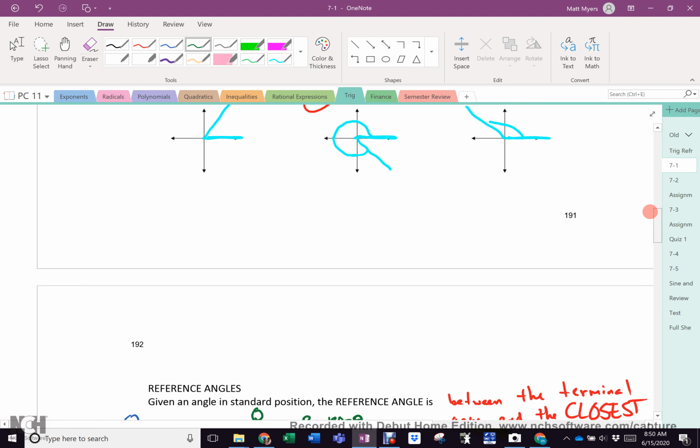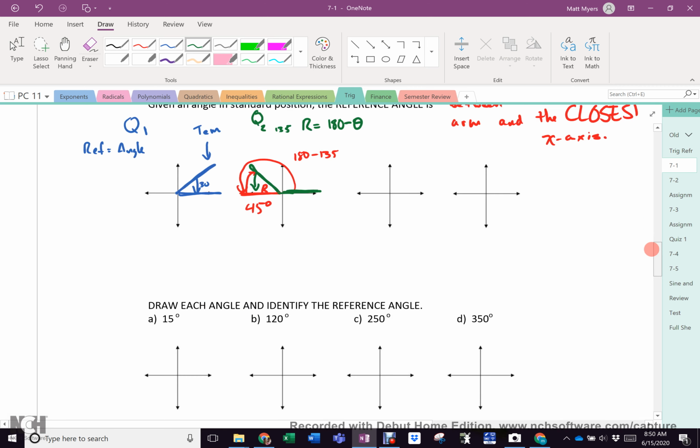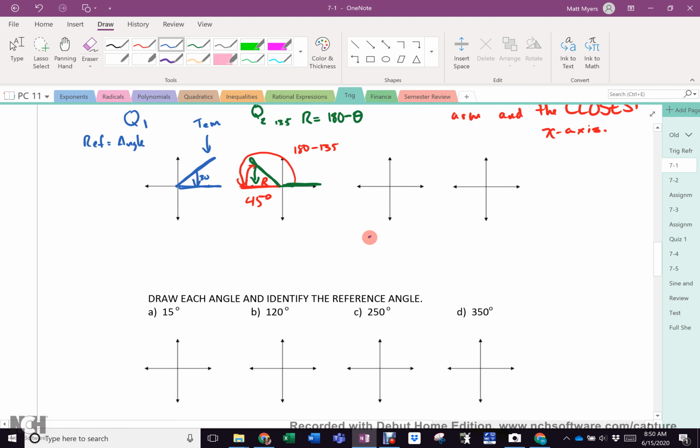The next one was 245. That's theta. So I'm going all the way around to here. Now, would you go all the way to there or right back to there? Of course, you'd go right back to there. So, if that's 180 and that's 245, I'm going back.